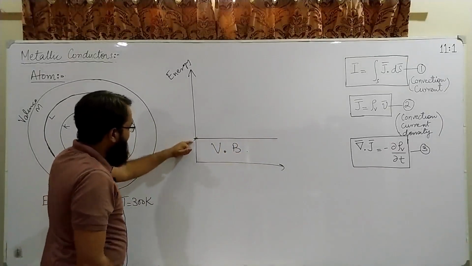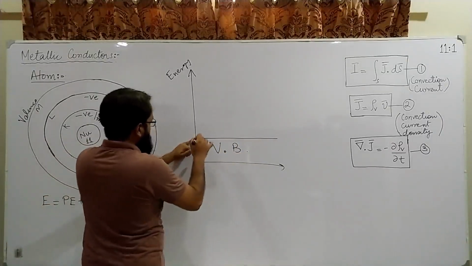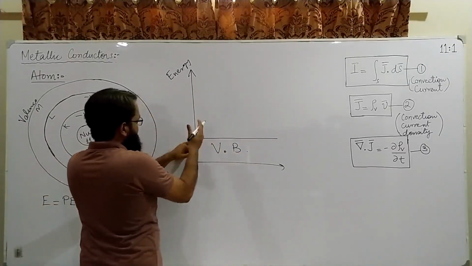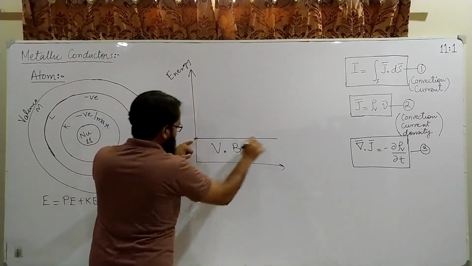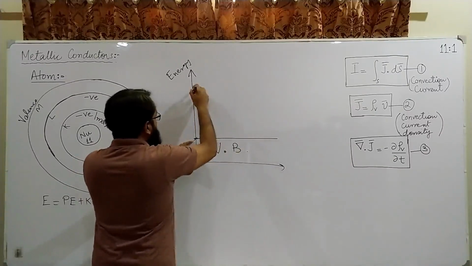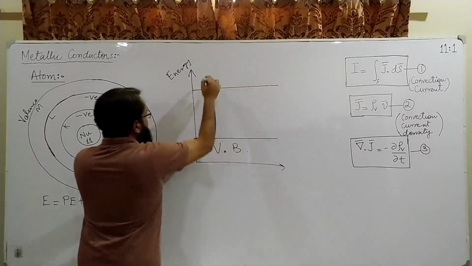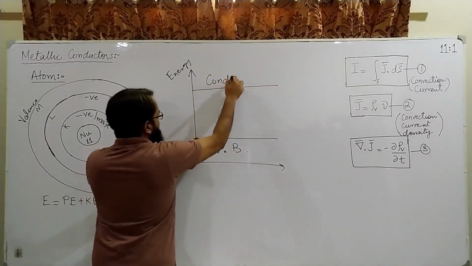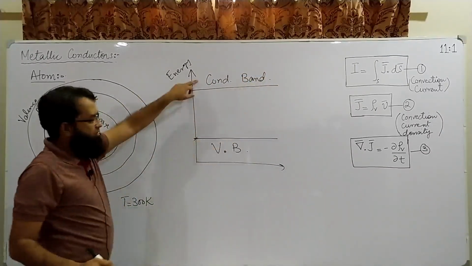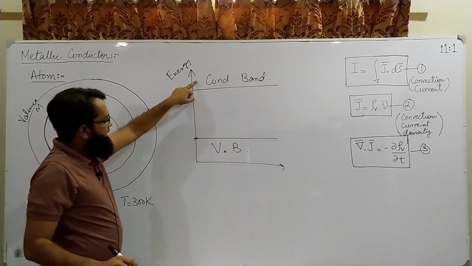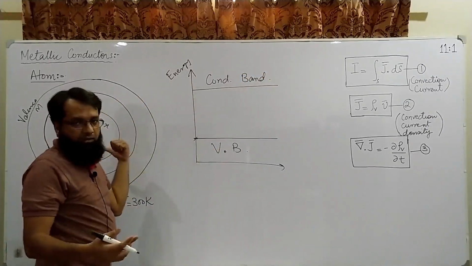All right, so if a material is such that the edge of the valence band and the edge of the conduction band, which if an electron reaches, it will be free of the influence of the parent atom.